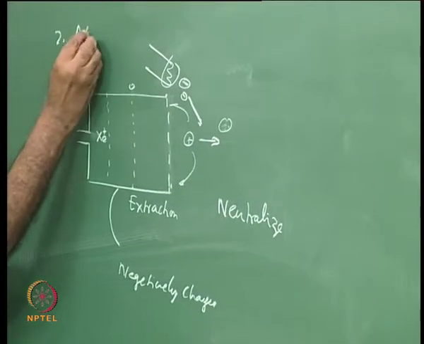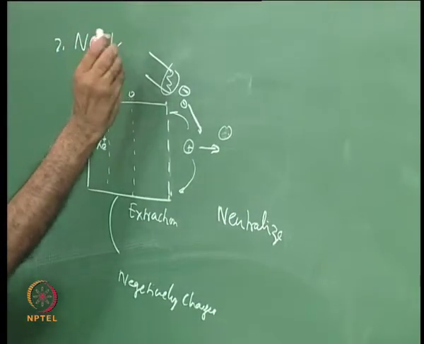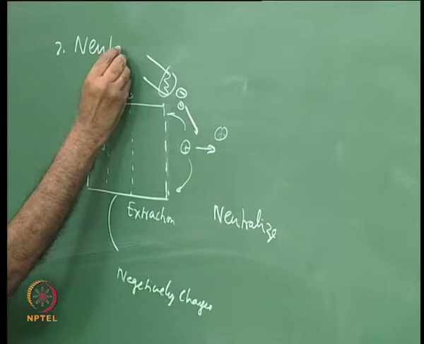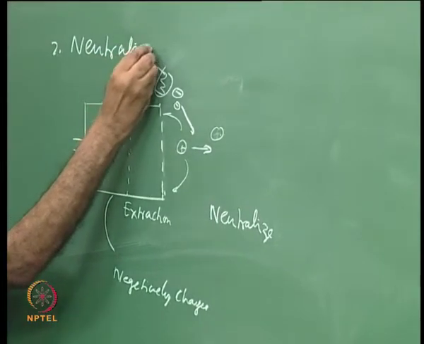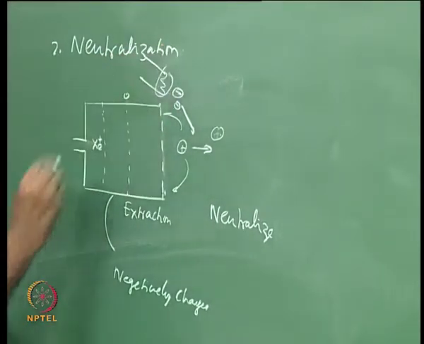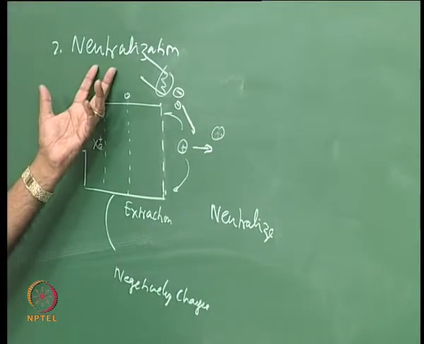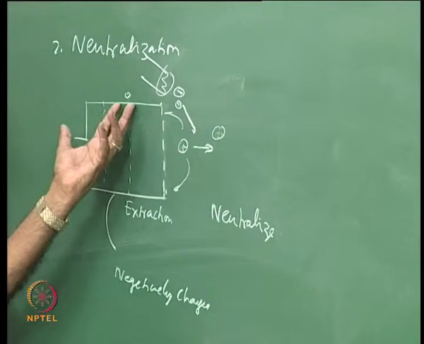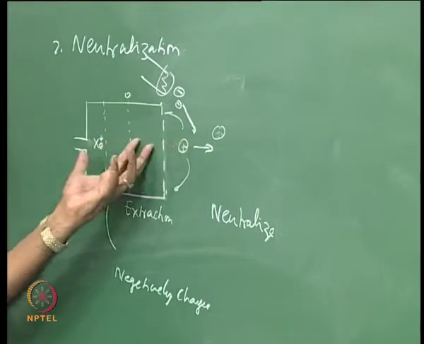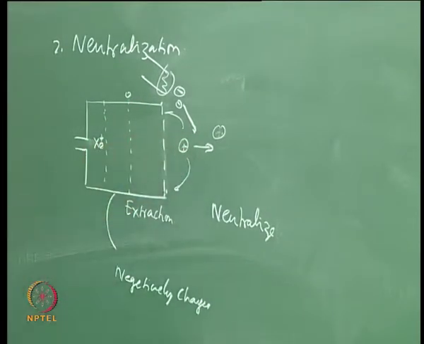Therefore, the second problem, which is common not only for the gridded thruster but any thruster, is that neutralization must be done. An ion thruster should have neutralization of the charges, otherwise when negative charges build up, it will not be able to push this aside.